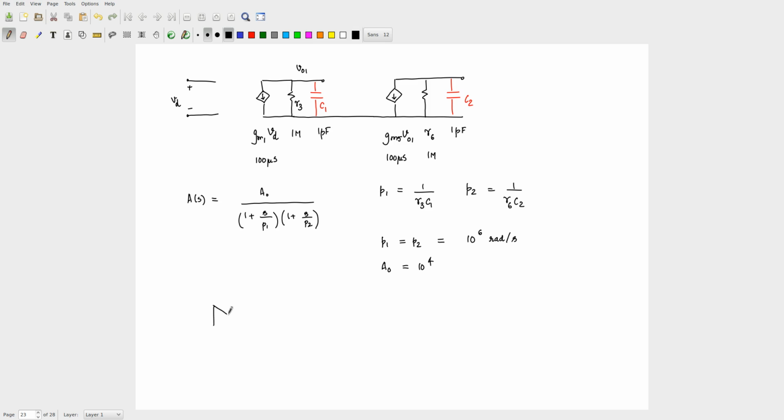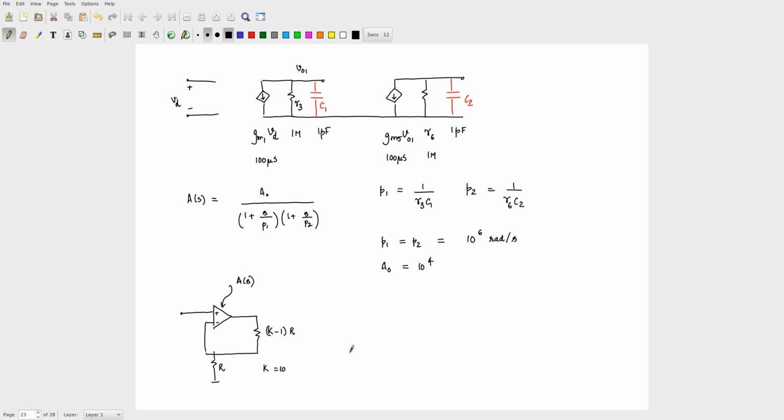So that is your amplifier, and let me connect it in a feedback path such that this is your K minus 1 times R, and this is R. Let me take K is equal to 10. So this amplifier is that amplifier, right? So this is your A of S.